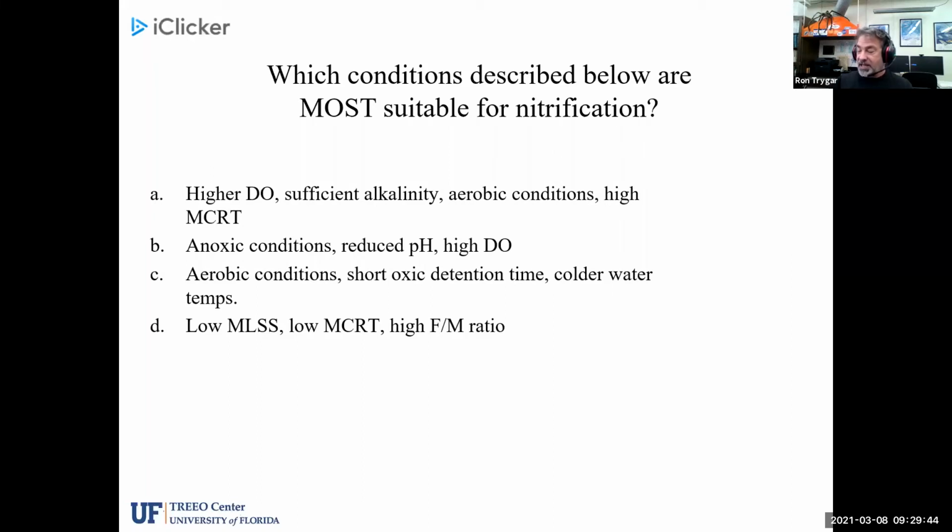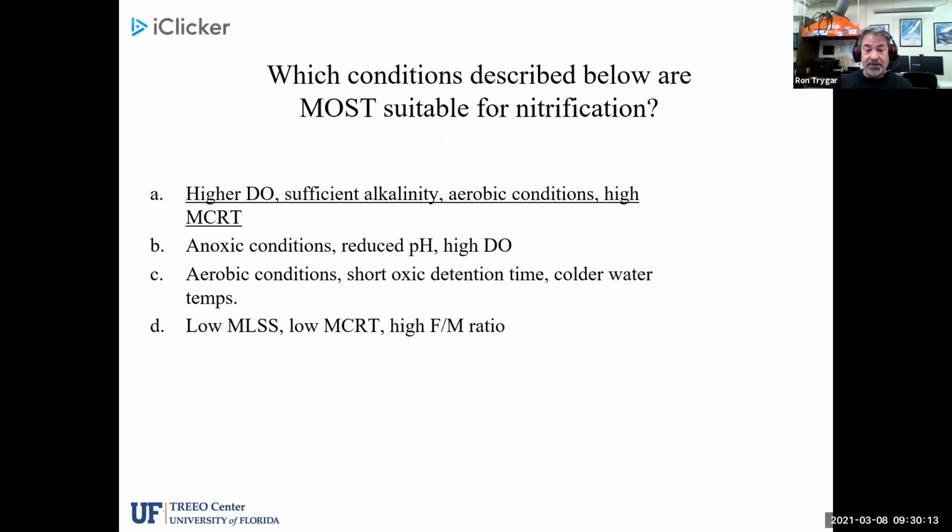Letter C, aerobic conditions, short oxic detention time, colder water temperatures. Or letter D, low MLSS, low MCRT, and high F/M ratio. Which conditions are most suitable for nitrification? So this answer will be letter A, a higher DO.